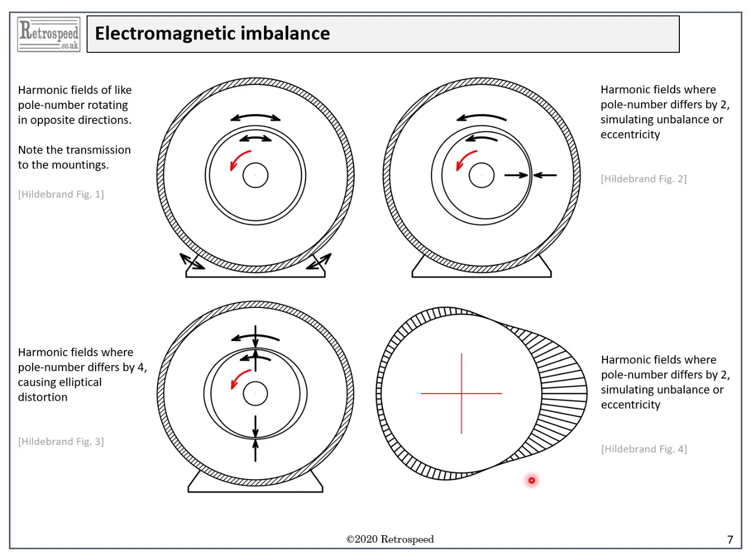Pairs of flux waves differing by 2 in their pole numbers may arise in several ways, but before we investigate further, let us pause to look at the other two diagrams in this slide. At the top left is the situation where we have two flux waves having the same pole number but rotating in opposite directions.